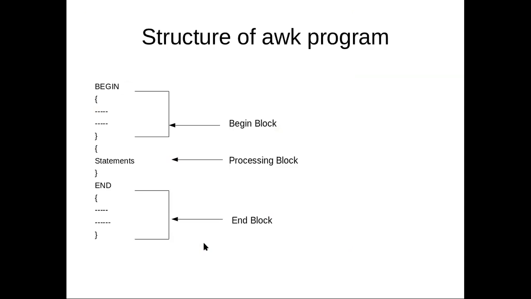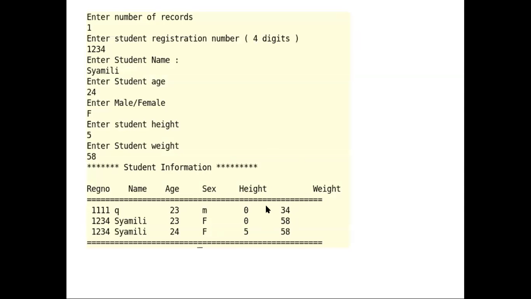Okay. Now, so far we have seen how we used awk as a command. Now suppose we look into this table. I want to add the total weight of the students, and I want to find out the average weight of the students. That means I am doing advanced operations on the data, right?